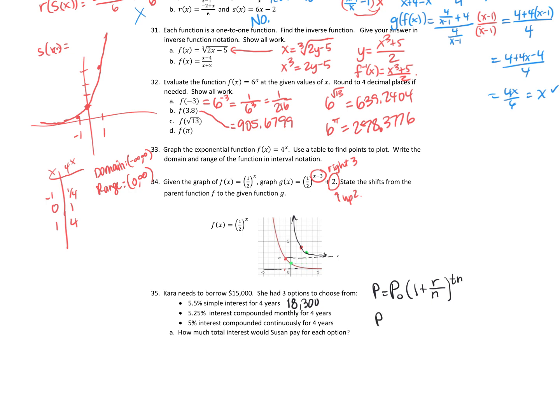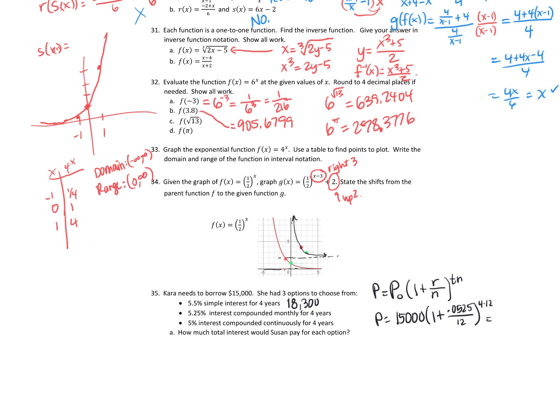So we'll have that the amount that you have will be equal to 15,000 times 1 plus 0.0525 divided by, since we're compounding monthly, it will be 12 months per year, and then 4 years, so 4 times 12.